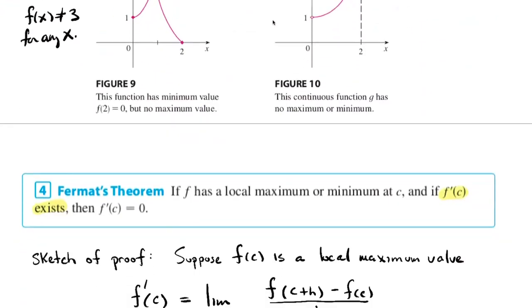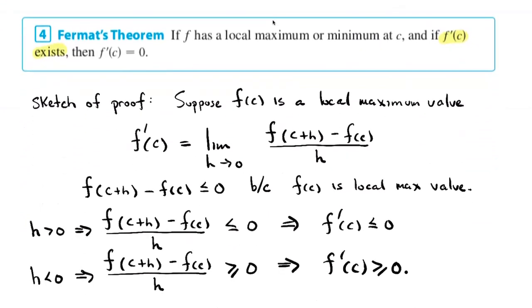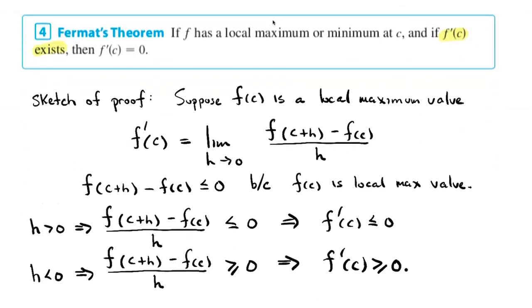All right, so this is called Fermat's theorem. Let's walk through the proof of it here. It's for local minimums or maximums. You have to do two cases. I'm going to suppose that we have a local maximum. So suppose that f of c is greater than or equal to any other value on the graph, nearby anyway, and that f is differentiable. So we're looking at the difference quotient definition, f prime of c, the limit of this difference quotient.